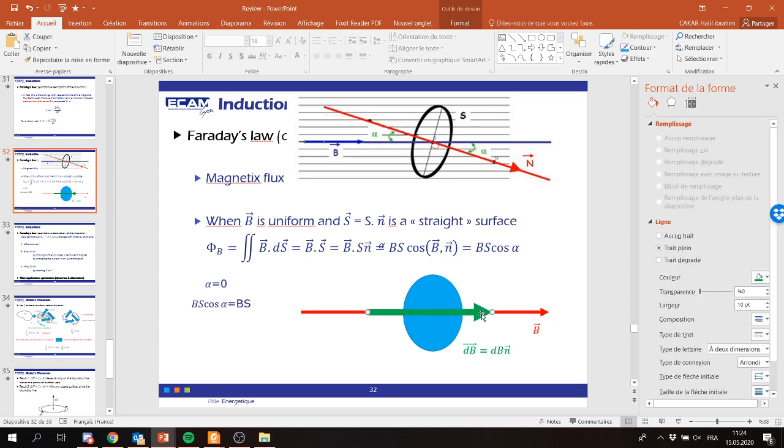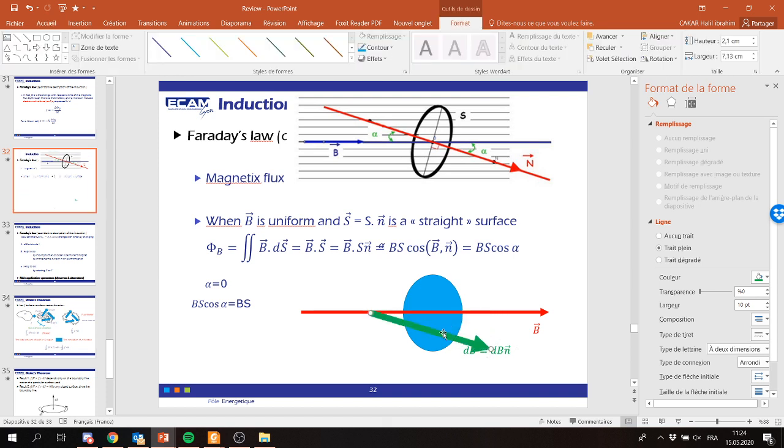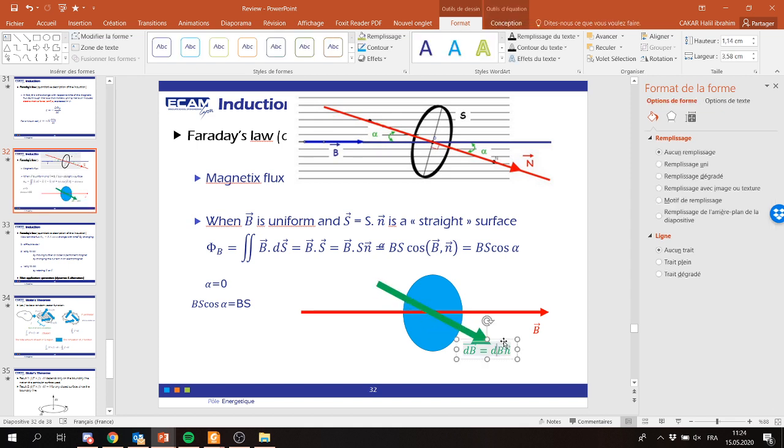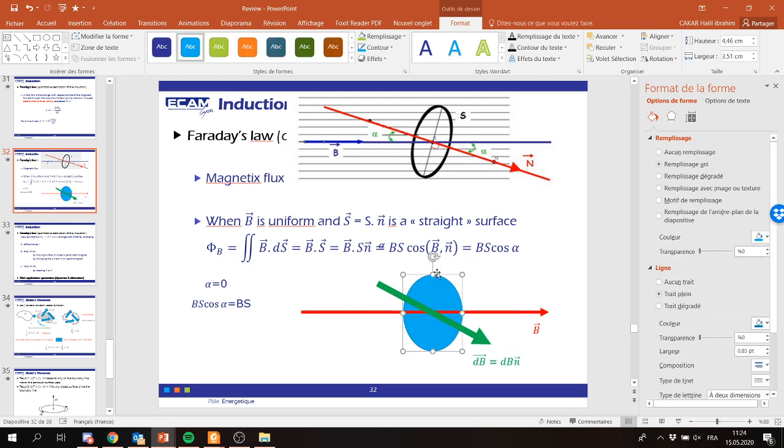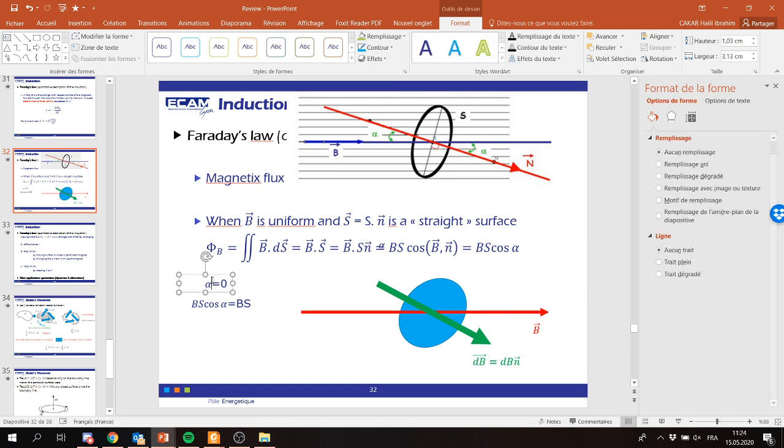Let's move it a little bit, like this, and pay attention. The unit vector is like this, so I am rotating it, and B is uniform.